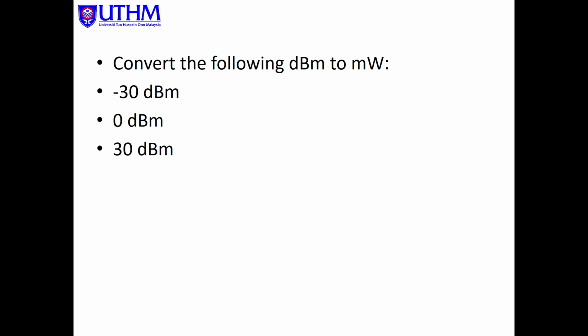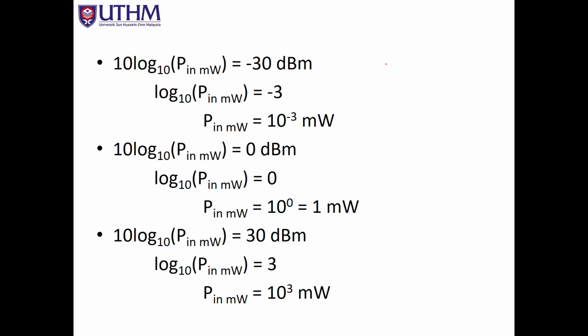Next, convert the following from dBm to milliwatt. Minus 30, 0 dBm, 30 dBm. So tukar kepada milliwatt. So how to do this?